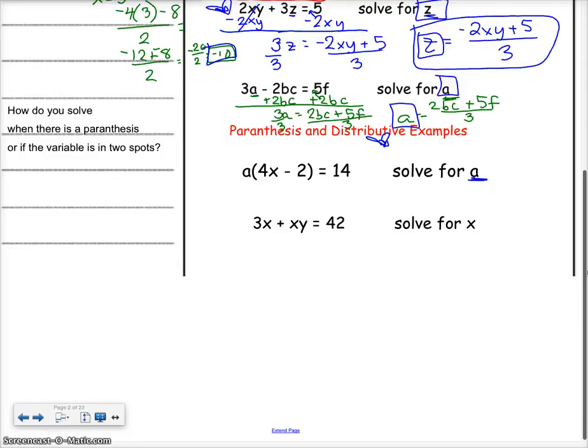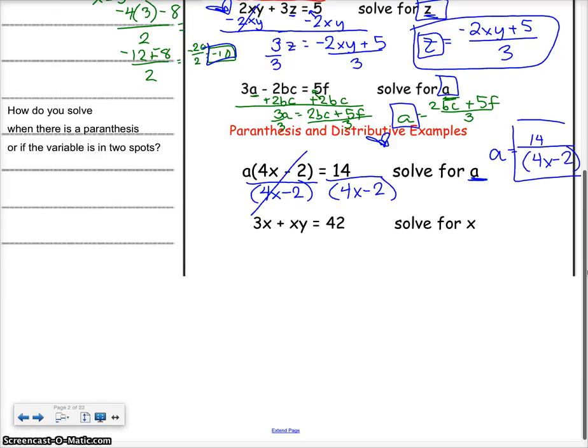Divide. So you're going to divide by the parenthesis 4x minus 2, both sides. That cancels those parentheses out, and you get A equals 14 over parenthesis 4x minus 2. And I'm done. How do I know? Because I wanted A by itself. A is by itself.